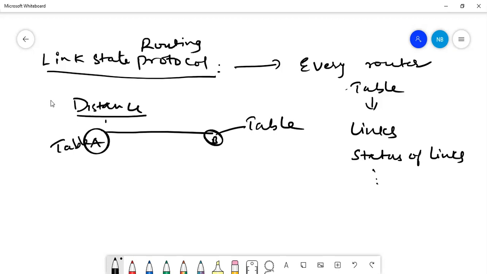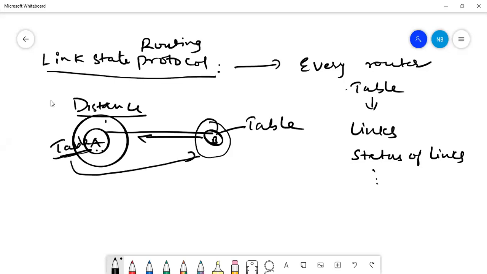Coming to distance vector routing, the routing table of host A will be shared only if the corresponding node or host is a neighbor of that particular source. If B is a neighbor of A, then only the table will be shared with the next node.